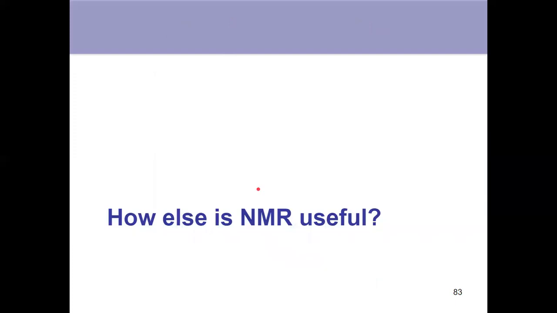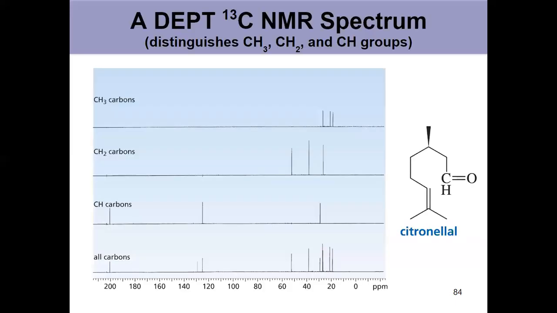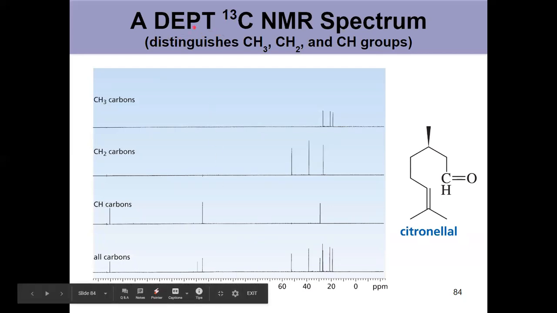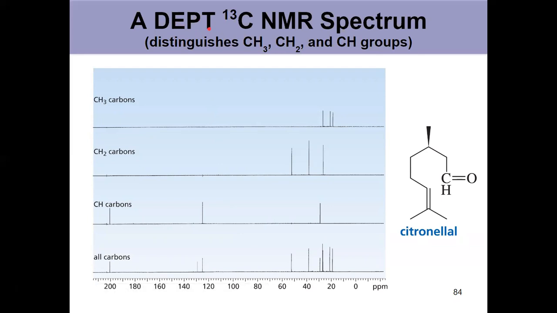So we finish by seeing what else we can do with NMR, which is usually just the world of fun acronyms, and then a brief discussion on X-rays. There is a technique called DEPT, distortionless enhancement by polarization transfer.